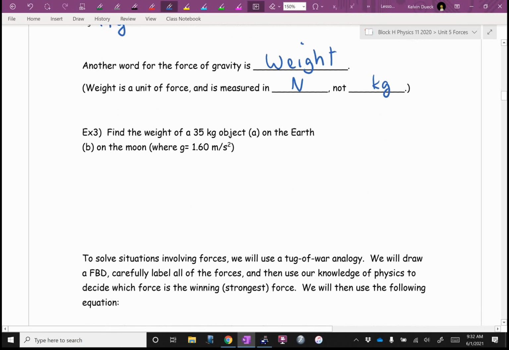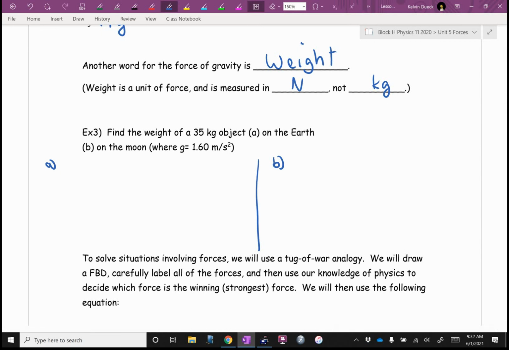Example 3 says this: find the weight of a 35 kilogram object, A on the Earth or B on the moon. Since we're doing two questions, I'll put a little line in the middle and I'll do A there and B there. Braden, what's this question asking me to find? The weight.